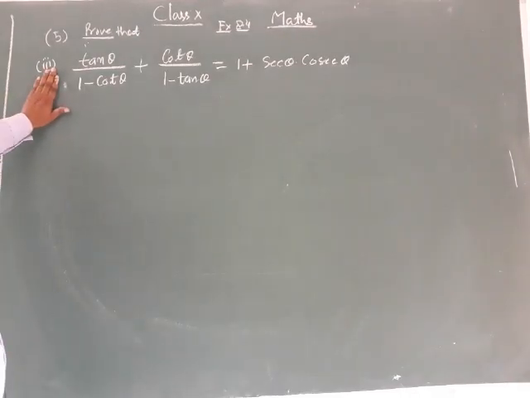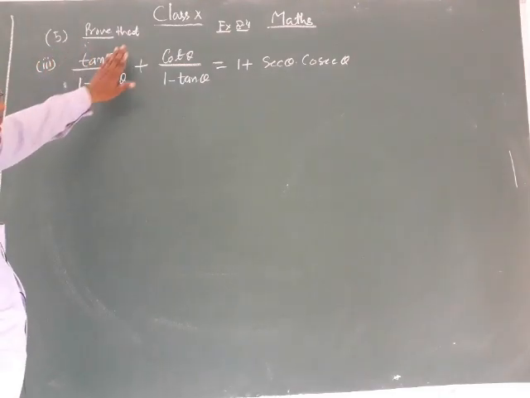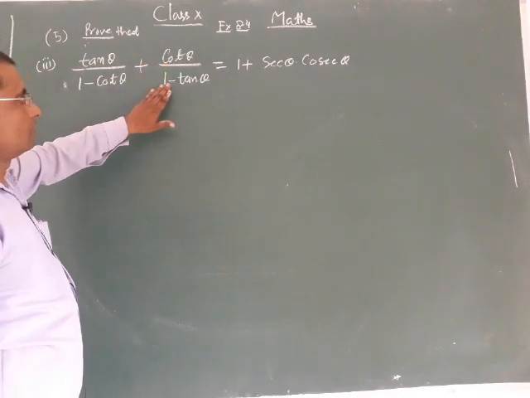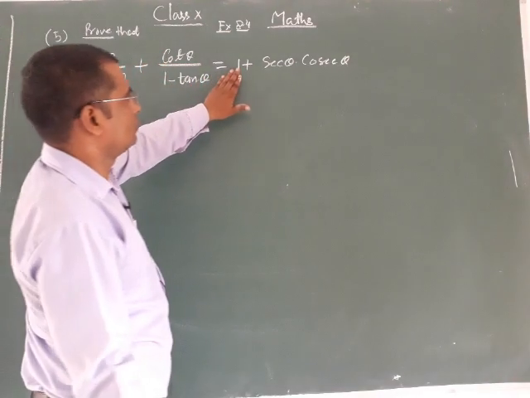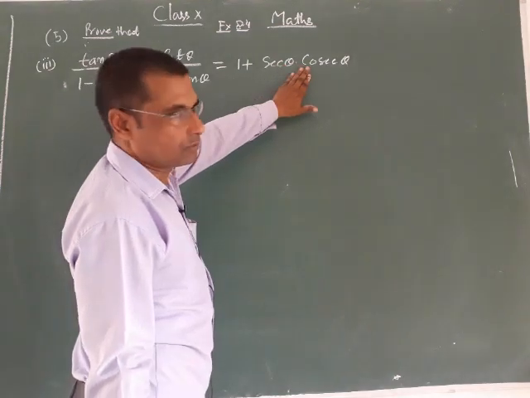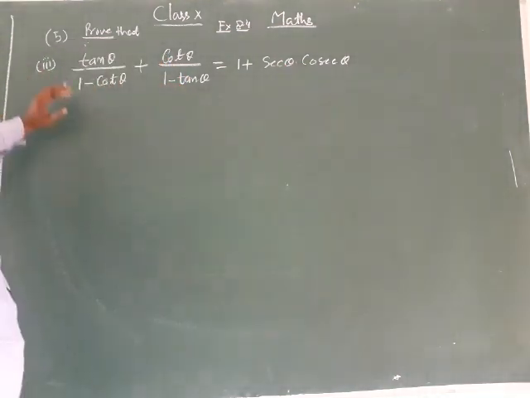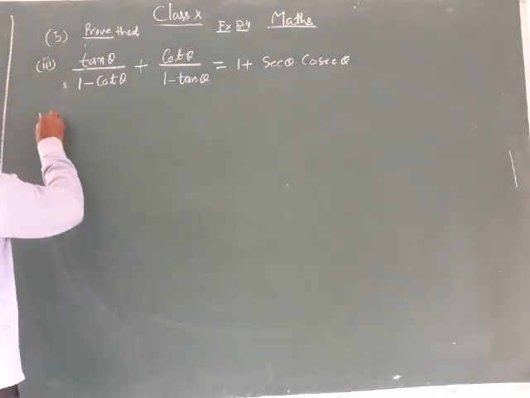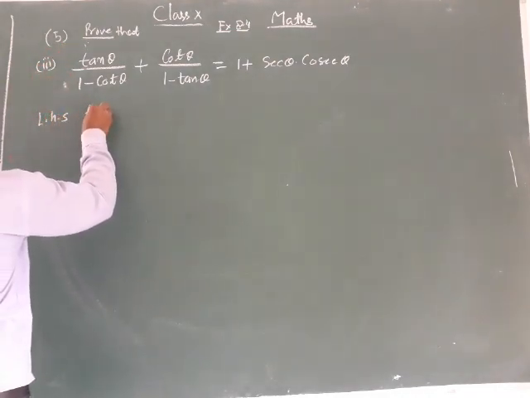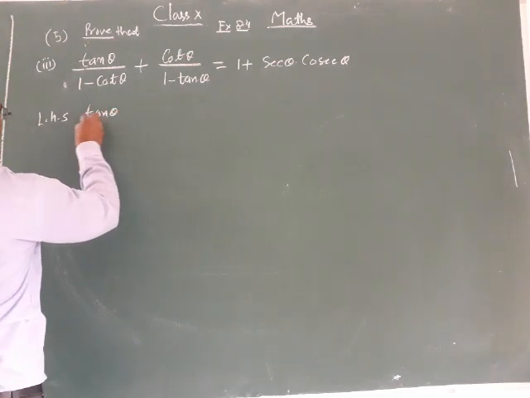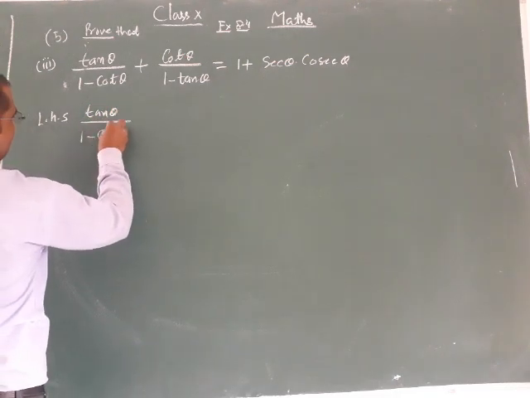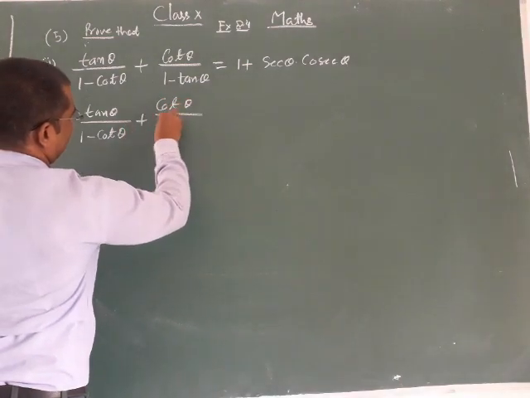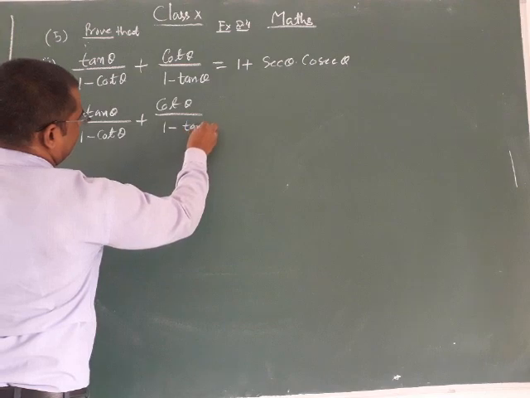Question number 5, third part. Prove that tan theta upon 1 minus cot theta plus cot theta upon 1 minus tan theta is equal to 1 plus sec theta cosec theta. Now taking LHS: tan theta upon 1 minus cot theta and also cot theta upon 1 minus tan theta.